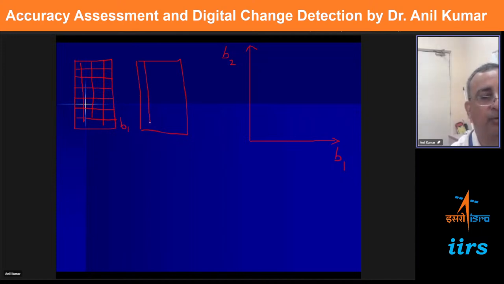So using the pixel values, we can plot band 1 and band 2 in the feature space.